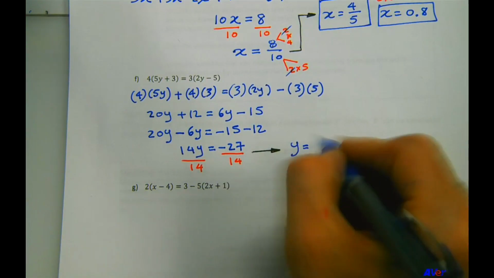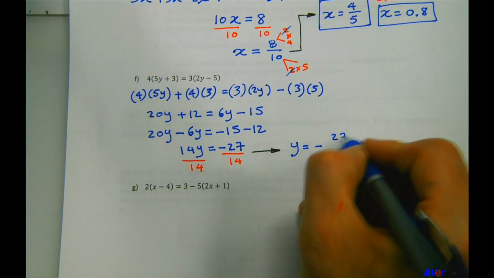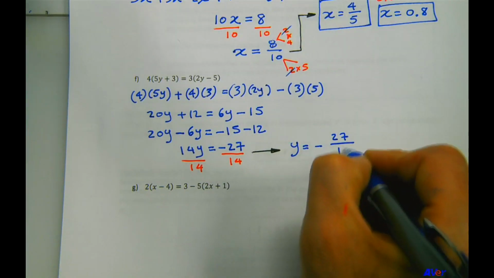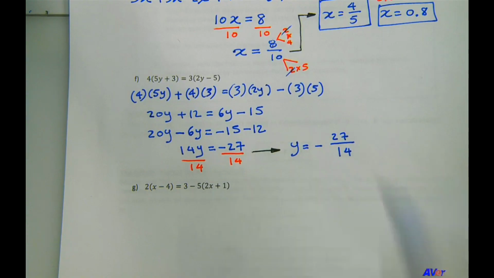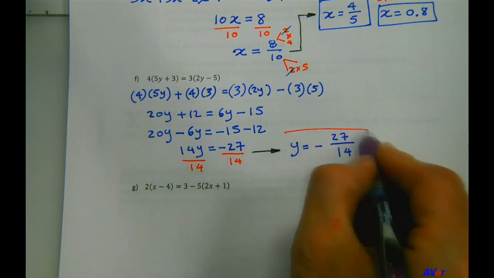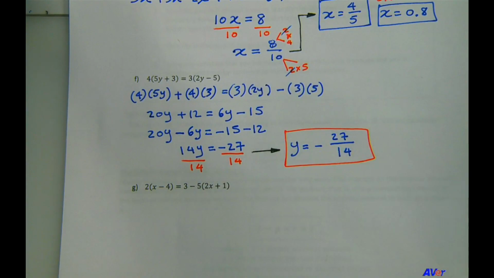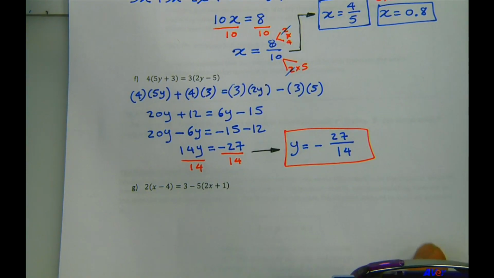On the right, we have minus 27 divided by 14. Can we simplify 27 and 14? Do they have a common factor? No. Right? 27 is 3 times 9. 14 is 2 times 7. So these two numbers have no common factor, so we can say this is our solution for y.